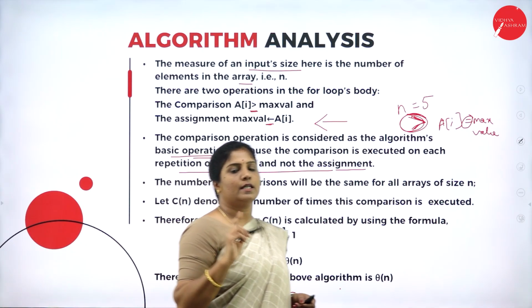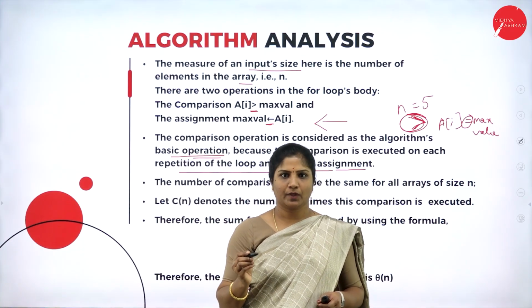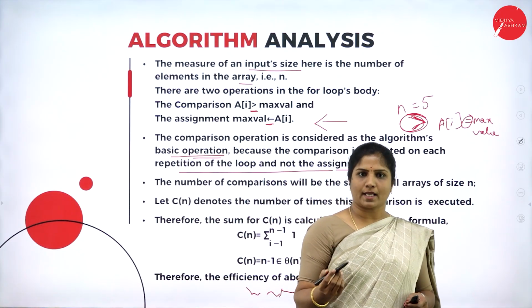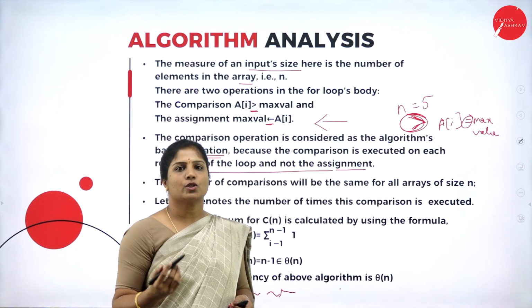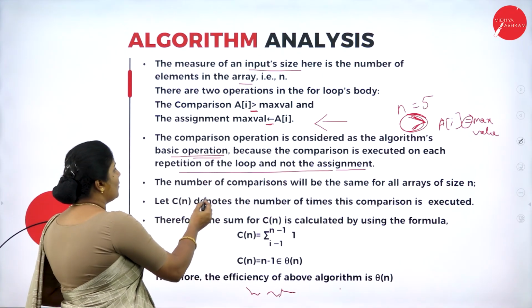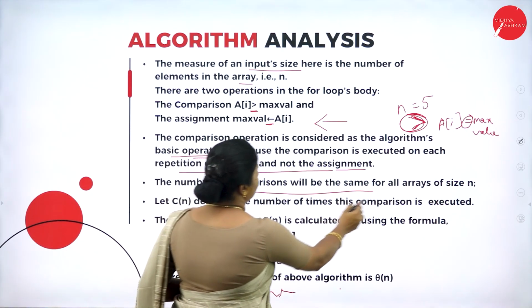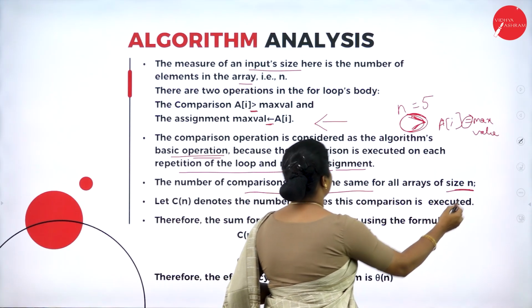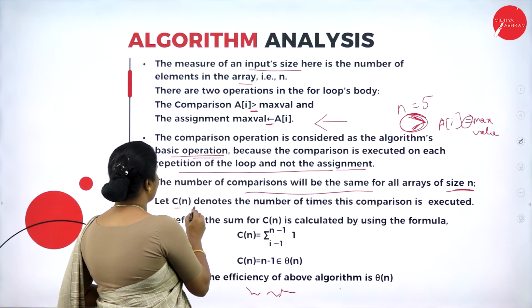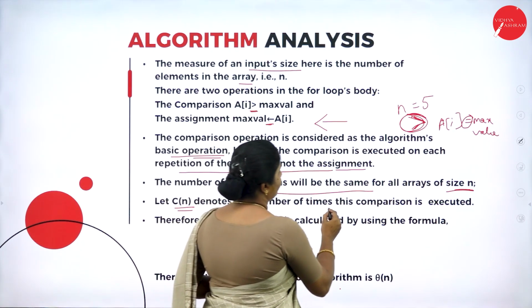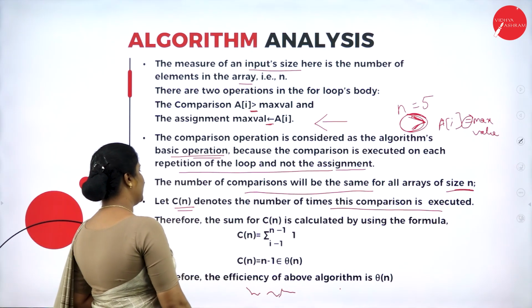Initially we assigned the first element to the max value, but afterwards the most used operation is comparison. The number of comparisons will be the same for all arrays of size n. So let C of n denote the number of times this comparison is executed.